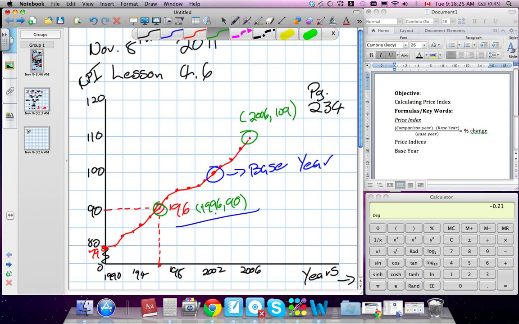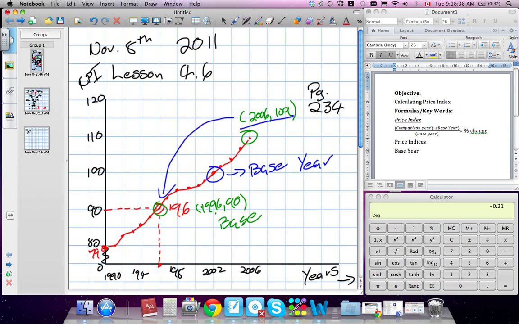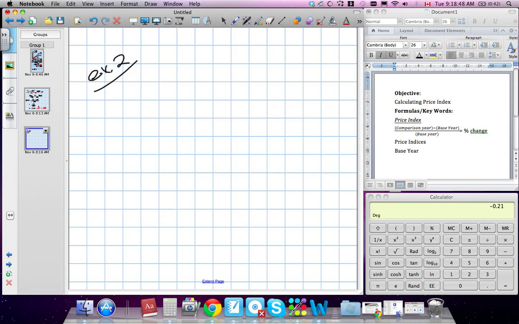If I was talking about a percentage decrease going down from 2006, then 2006 would have been our base year. But since I want to find the percentage increase from 96 to 2006, 10 years later, my base year will be 1996. So we're going to look for percentage increase from 1996 to 2006.